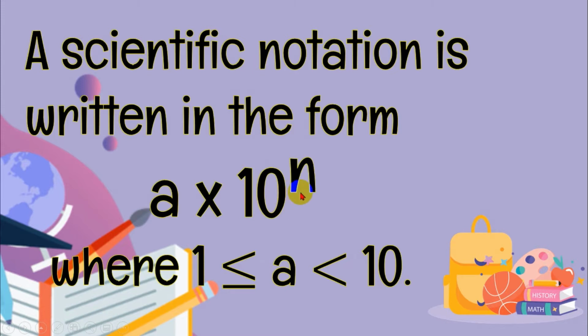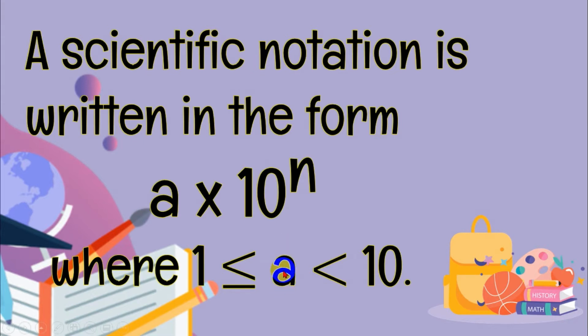And then n. N is the number of times you move the decimal point, whether to the right or to the left. Etong A na to, it must be, pwedeng equal siya sa 1, pwedeng lagpas siya sa 1, pero bawal siyang lumagpas sa 10. In short, it must be in between 1 and 10 only.